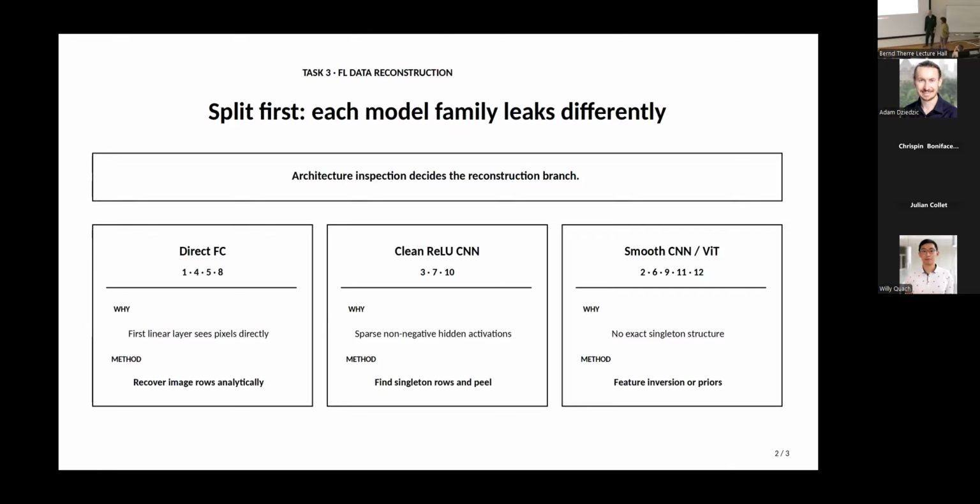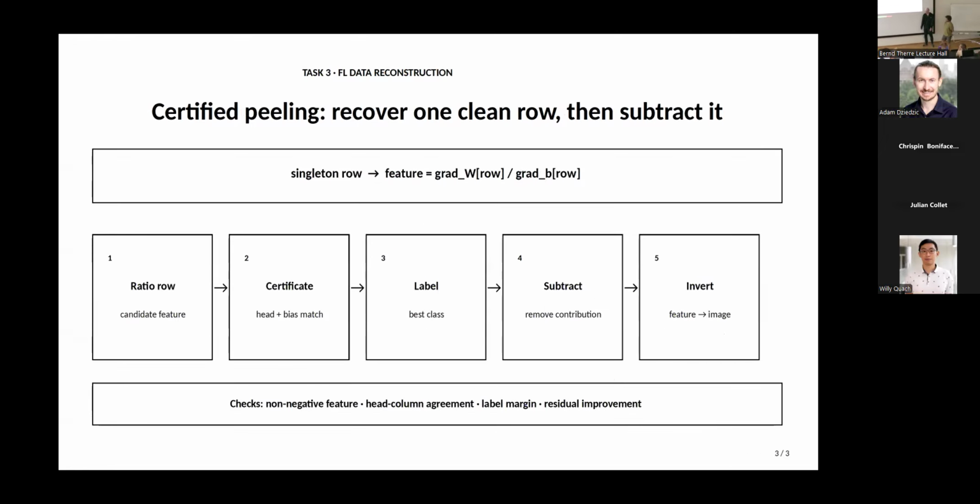For CNNs, we did something called finding the singleton rows, the rows where the gradient was high for single images, and then we refined it. Here I can explain it a bit better. First we did this division the same as in MLPs for the fully connected parts, and then we measured the head.